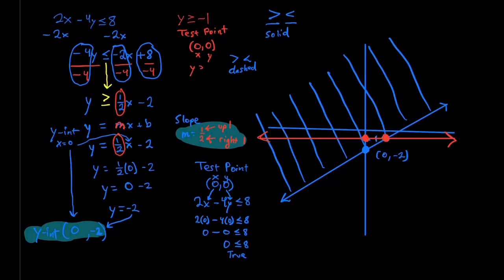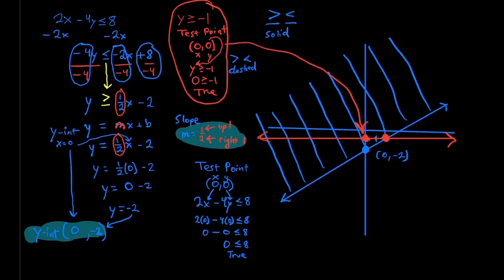There's no x to plug in that 0 to, so you'd only plug in this 0 into this y, and you got 0 is greater than or equal to -1. This is a true statement. So then we got a true statement from the side that the test point came from. So that means that for this red line, you would shade up here.